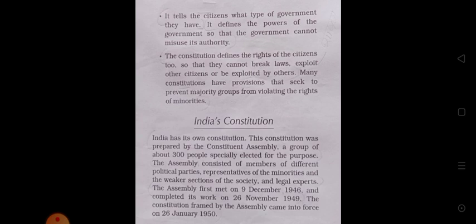So our constitution was formed by the Constituent Assembly, in which more than 300 people were there, with representatives from almost all sections. It first met on 9th December 1946, and the constitution came into force on 26th January 1950.